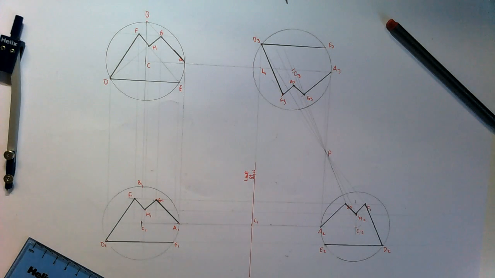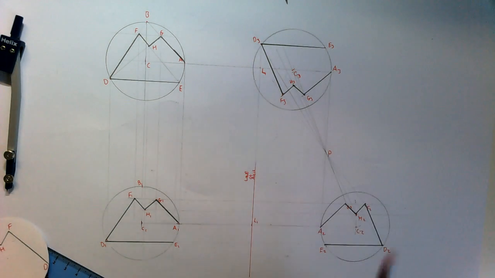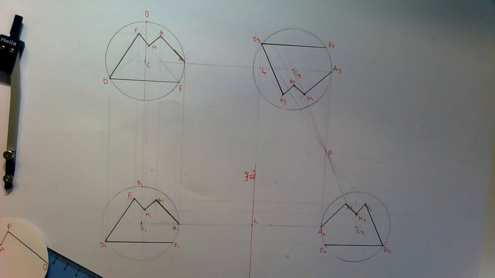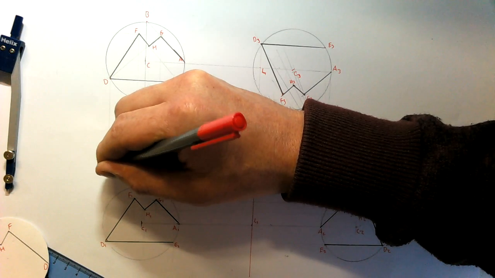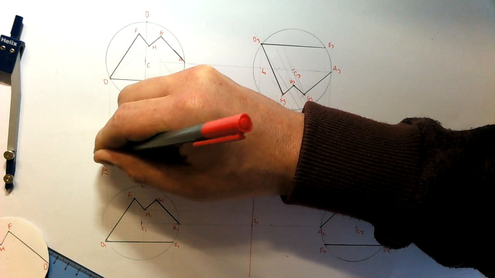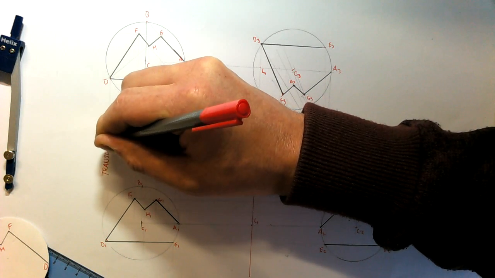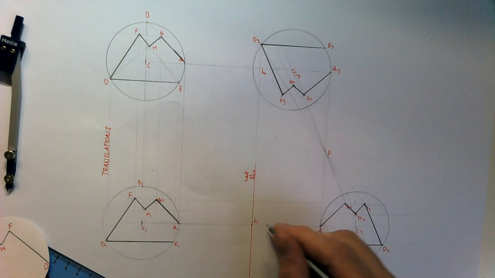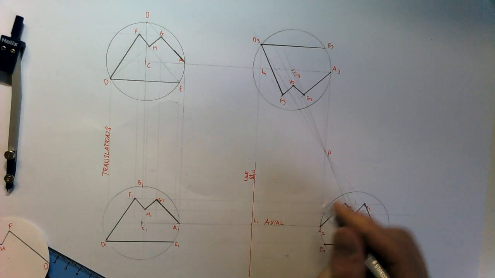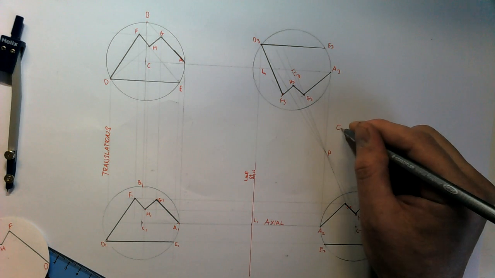That is our three transformations. Translation, axial and central symmetry.